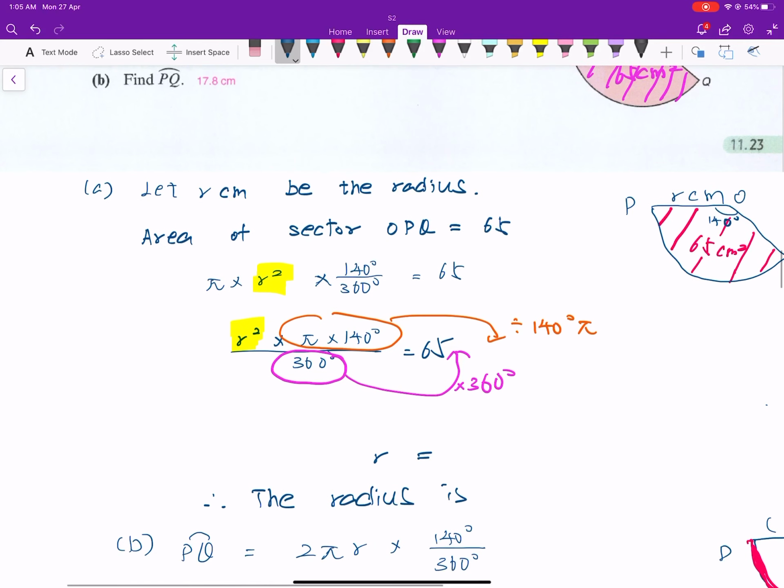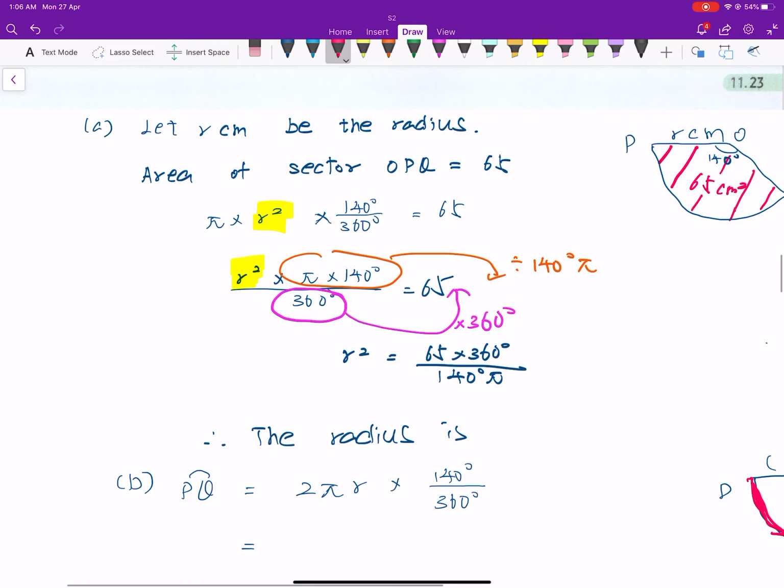You could try to do it this way in one step, so it will be easier. So r squared equals 65 times 360 degrees, and then divided by 140 degrees pi. When you use your calculator, you will find that r squared equals 53.2 something.